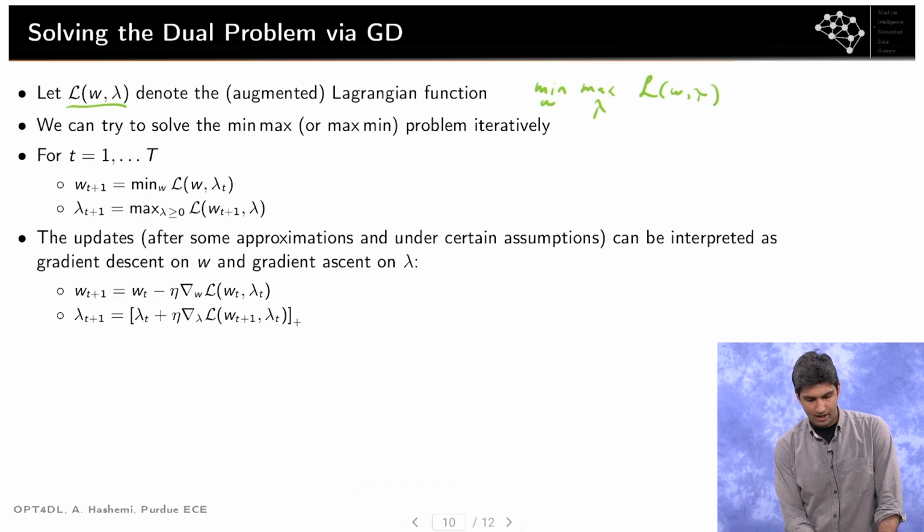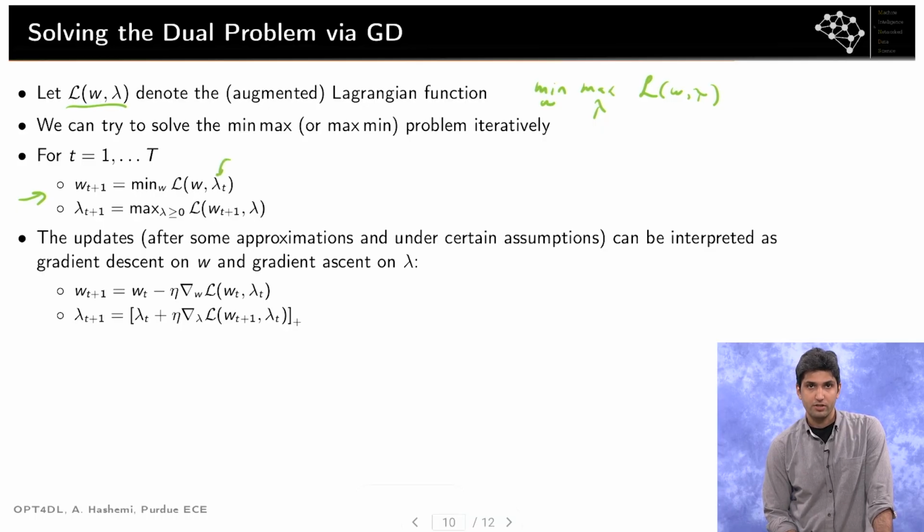In particular, we can have this simple iterative procedure where we minimize the Lagrangian with respect to W when we set lambda, the Lagrange multiplier, to be lambda t, our current solution. Once we determine W, the next solution, Wt plus 1, we're going to now fix W and maximize with respect to lambda.